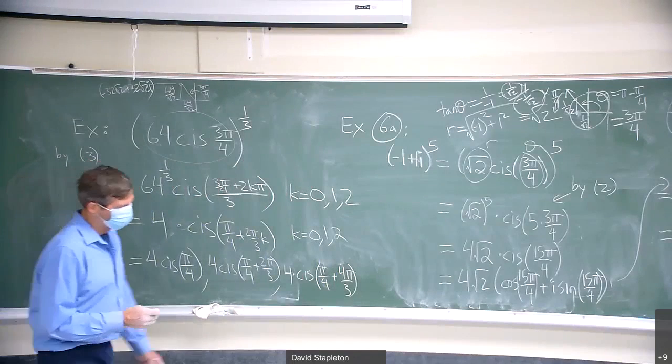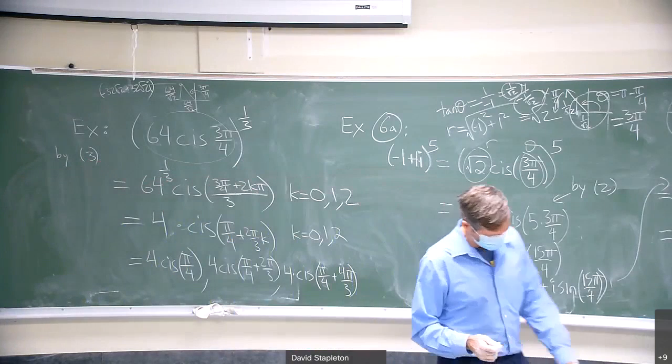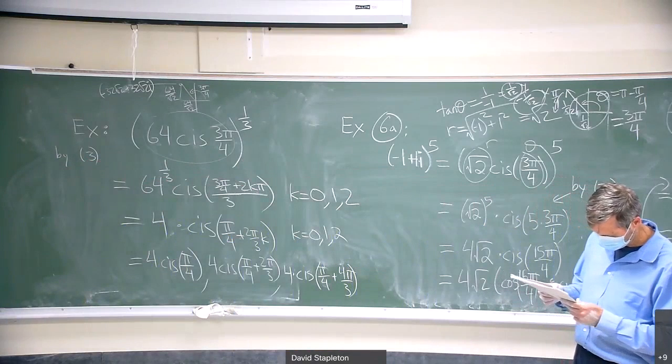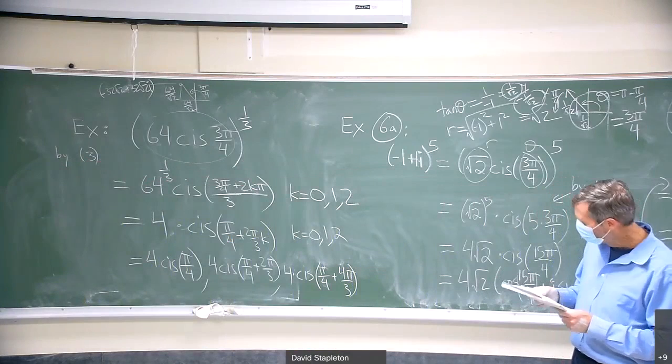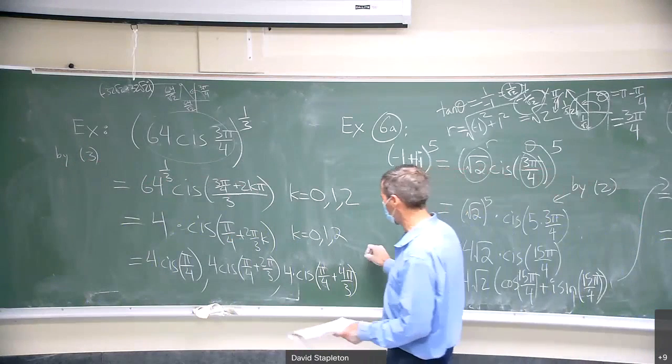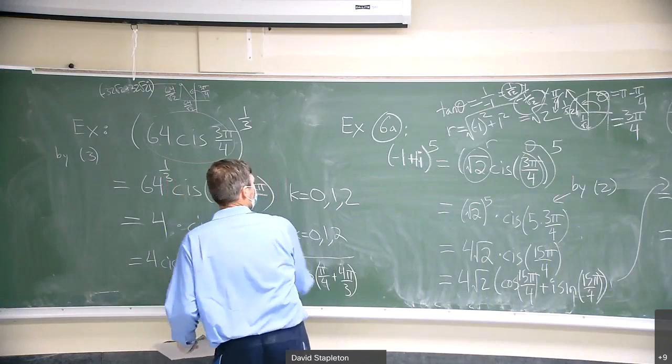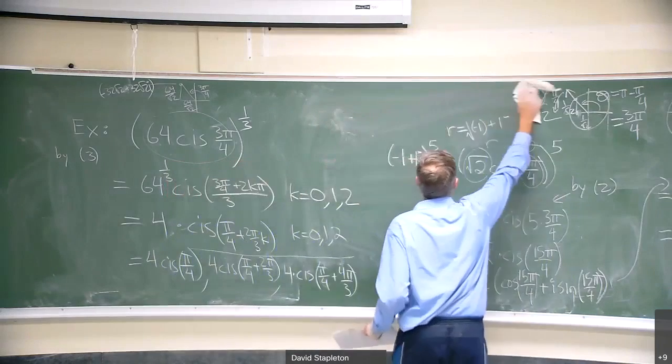I think on the homework problems, they just said find the answers in polar form. We already showed how to convert the polar form to rectangular coordinates. Since the homework is just asking you to leave these in polar form, I'll just leave it like that. I guess we should add the angles together to find out what the actual angles are.